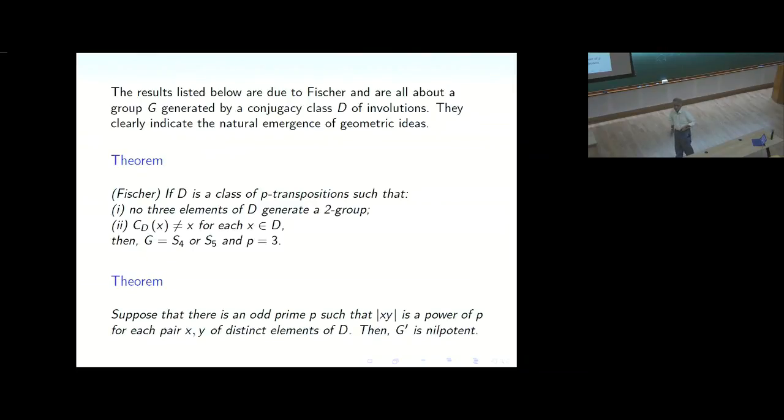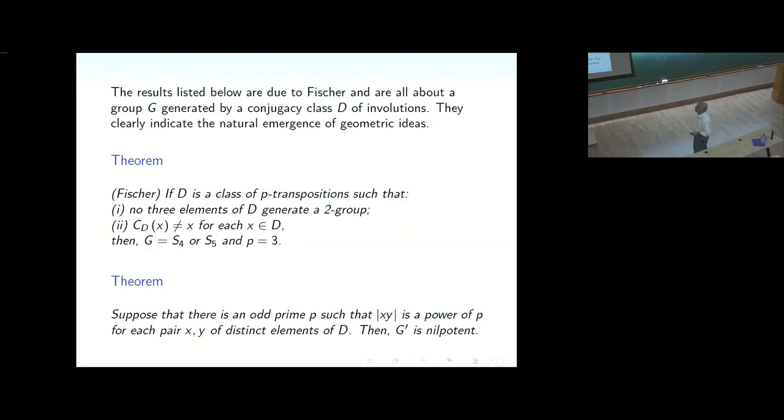I can hardly summarize the main ideas of this part of group theory, but I will just list a few theorems which I find quite attractive, which follow from the simple assumption that the group is generated by involutions with some restrictions.